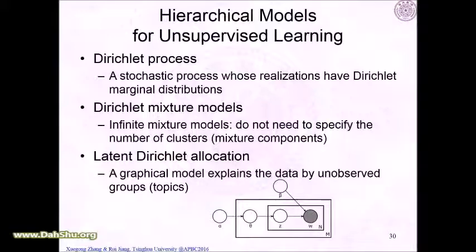Remember that in the Gaussian mixture model, we assume each cluster has its unique density distribution, and then the Dirichlet mixture model adds another layer to describe how these multiple mixture models were generated using the Dirichlet model.